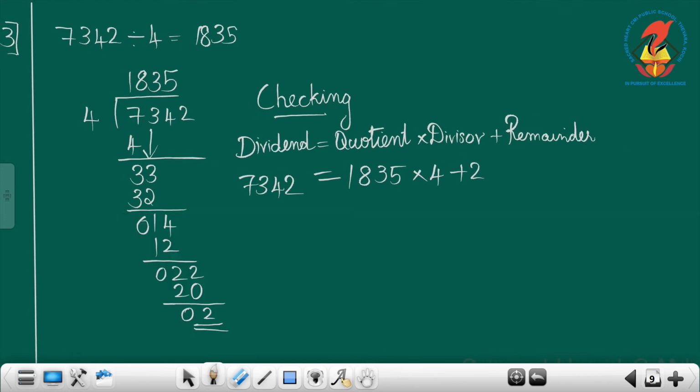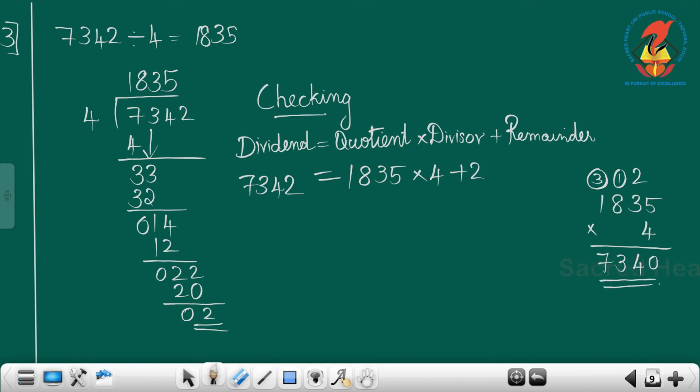So 1835 multiplied by 4. 5 fours are 20, 0 write down, 2 is carry over. 4 3s are 12, 12 plus 2 is 14, 4 write down and 1 is carry over. 8 fours are 32, 32 plus 1 is 33, 3 write down and 3 is carry over. 4 ones are 4, 4 plus 3 is 7.